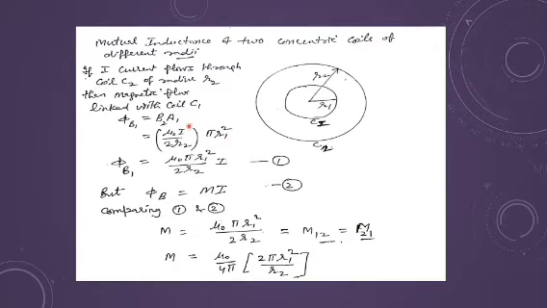Now if you work out, this is the value of the flux, that is mu naught pi R1 square upon 2 R2 multiplied with the current I, because I have assumed current I is flowing, but you know that flux is equals to M i. So if you equate the first and second equation, you can find the equation for the mutual inductance, which is coming out to be mu naught pi R1 square divided by 2 R2.